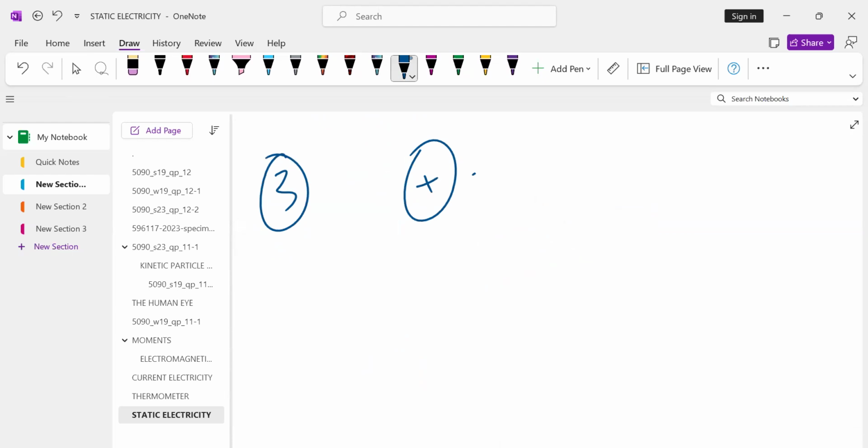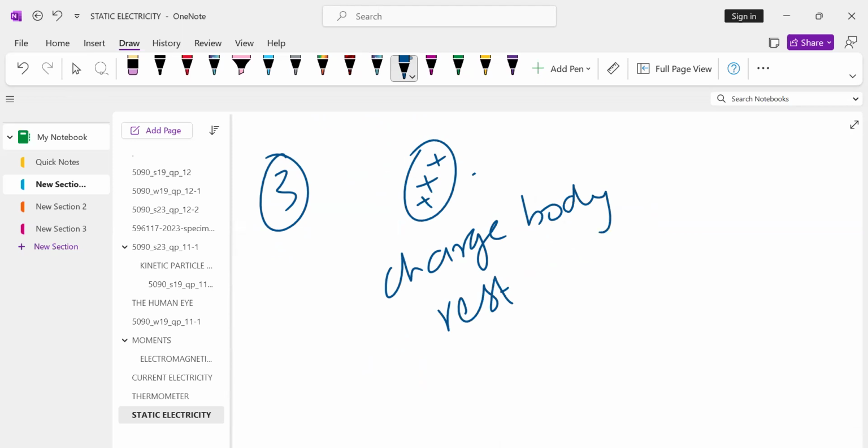This is a charged body, but it is at rest. So right now, an electric field is present here because this body is charged, as well as gravitational field due to mass.